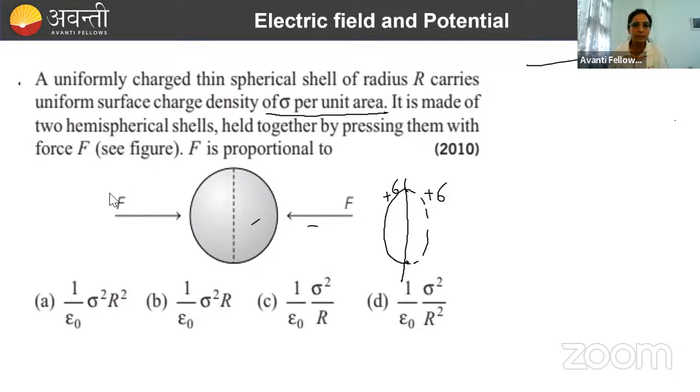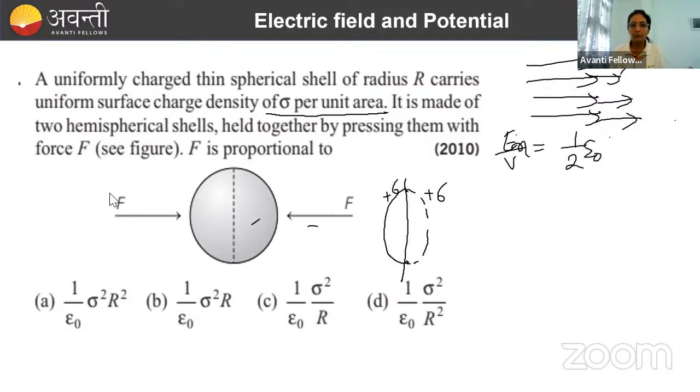We have studied that if there is an electric field in a region, then the energy stored per unit volume in the electric field is half epsilon naught E square.